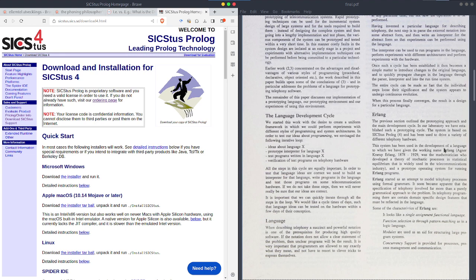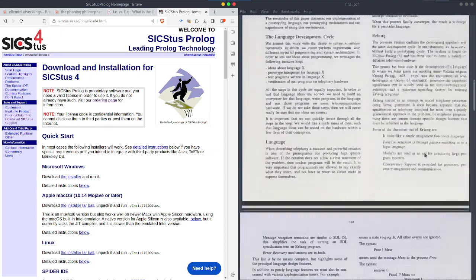So this is not an Ericsson language. We have the proof here. This is from the name of Agner Erlang, the mathematician. That's crazy.